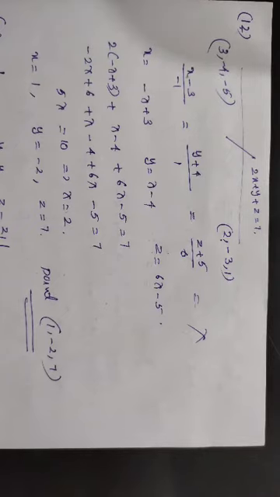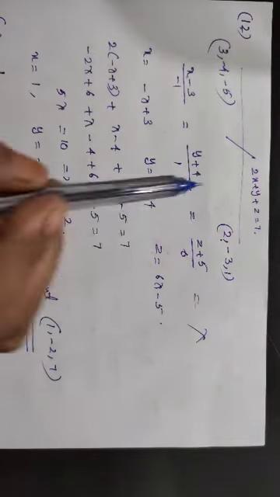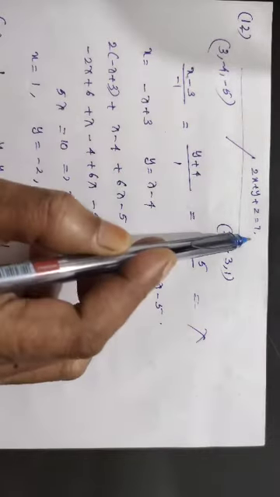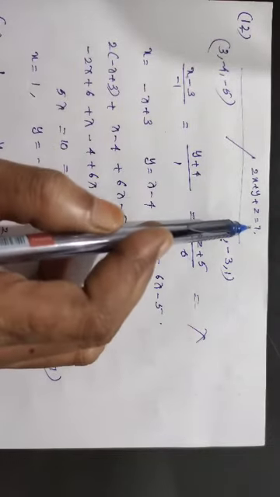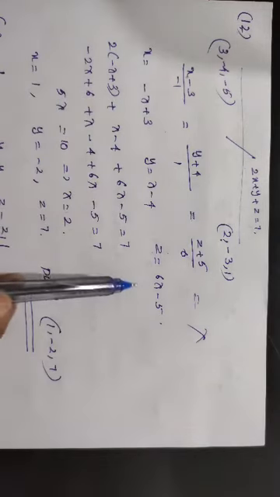But here the point x, y, z lies on the plane 2x plus y plus z equal to 7. That means the point is a solution of this equation, so we replace x, y, z by minus lambda plus 3, lambda minus 4 and 6 lambda minus 5.